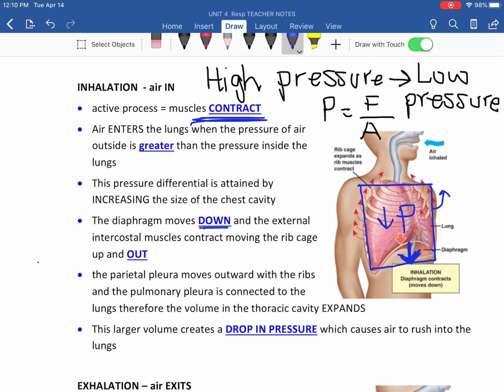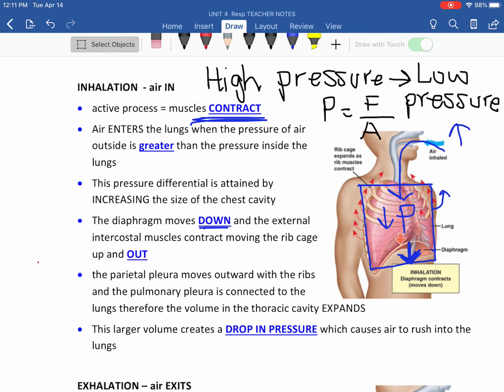What that means then is that the pressure in the air is going to be higher, and naturally the air is going to want to rush into the lungs from high to low pressure. So again, that pressure differential is created by increasing the volume of the thoracic cavity.